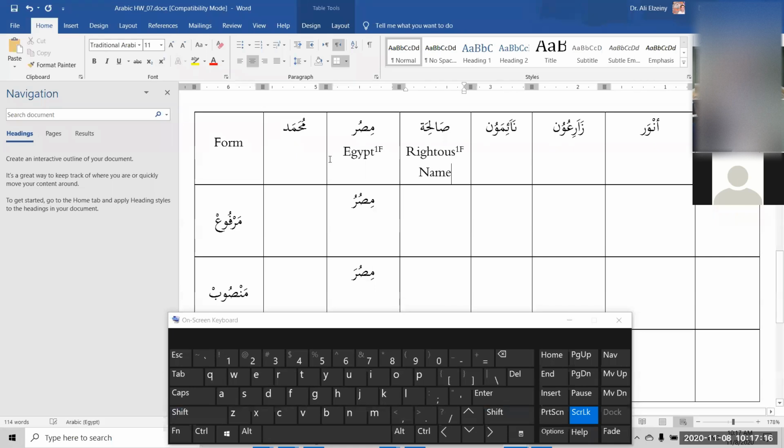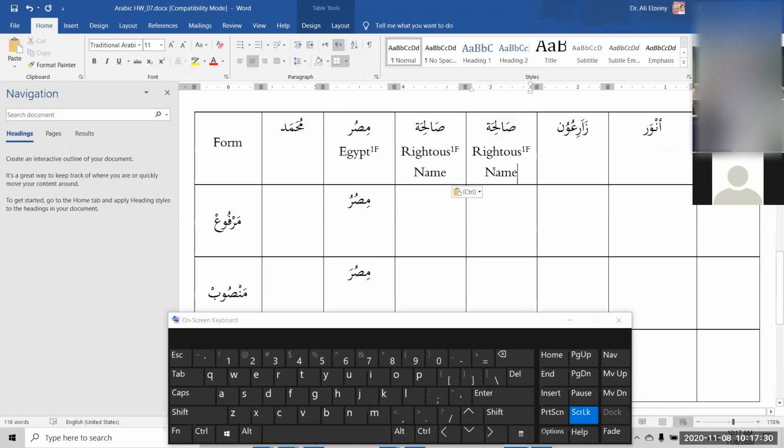And to make it even more clear, let's make this other one here a noun or adjective. Let's call it adjective, better.